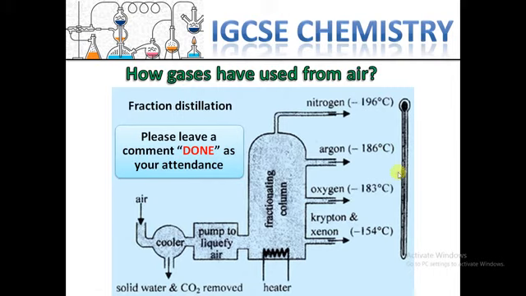So it leaves the column after the nitrogen. Then it continues, after argon is oxygen, then krypton and xenon also. Krypton and xenon leave the column last, because their boiling points are higher than the others. So in this way, we can separate each gas from the air.